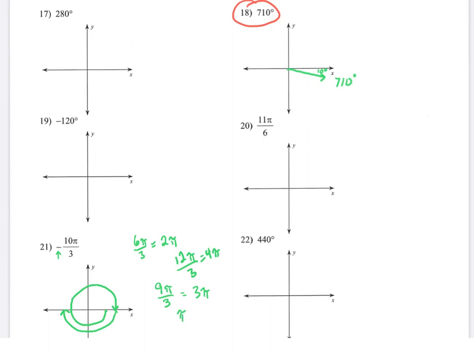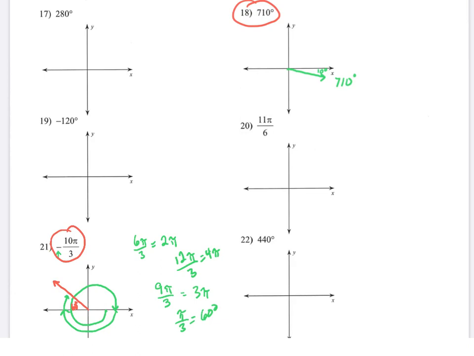So pi over 3 equals 60 degrees. So if I just go another 60 degrees, then that would be the same as negative 10 pi over 3.